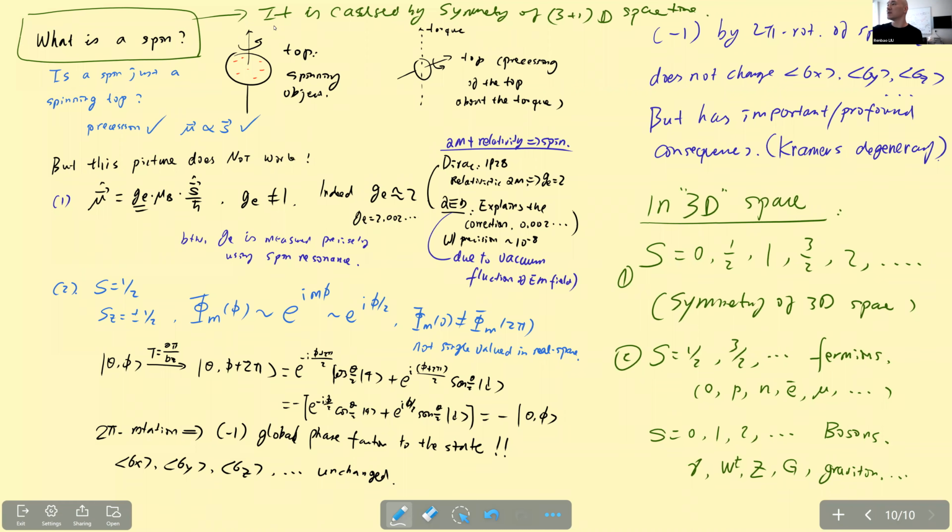Okay, it's not a spinning current. So these are 2 things, 1 and 2. A spin is not a spin current. It actually stems from the symmetry of the 3+1 dimensional space-time. Okay, all right.